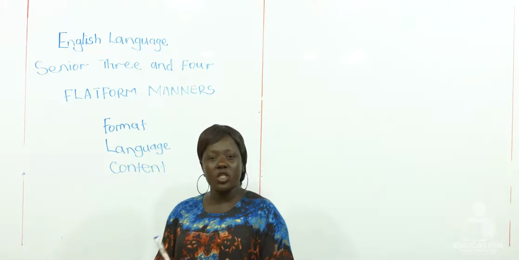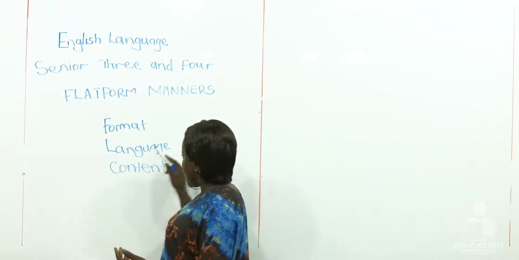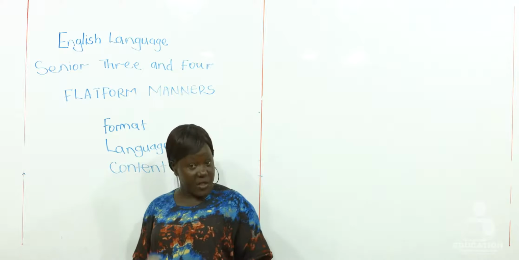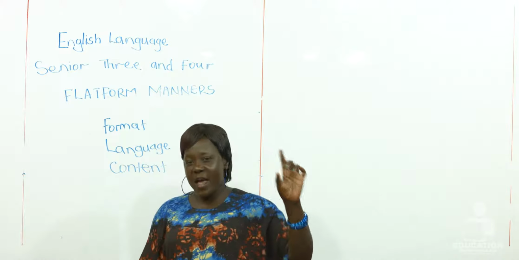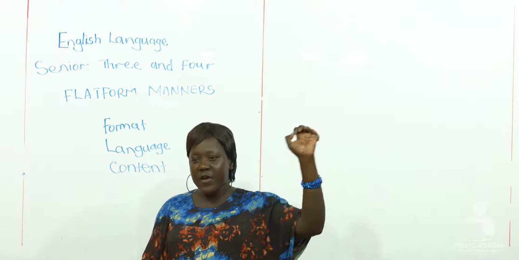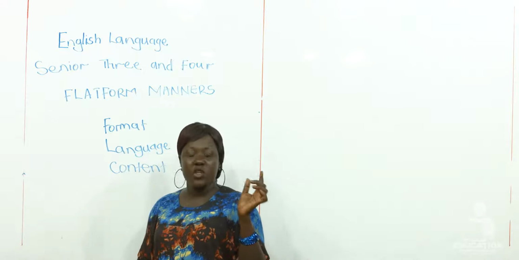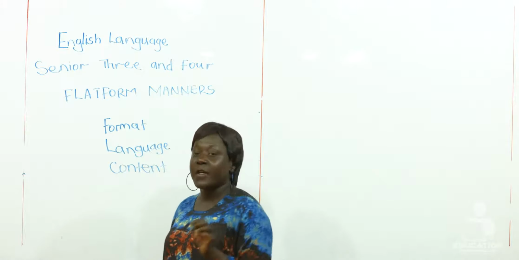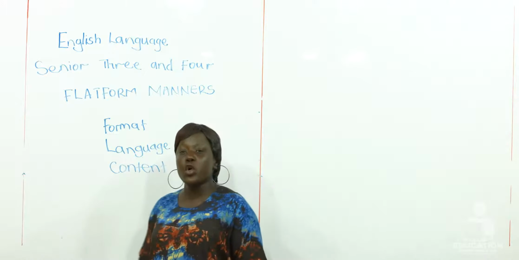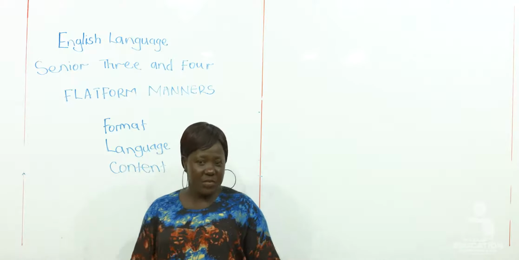We went on to look at the language of a speech, and we say that every functional writing, or all these functional writings, they have their special language to use. For instance, I told you a speech is supposed to use formal language.